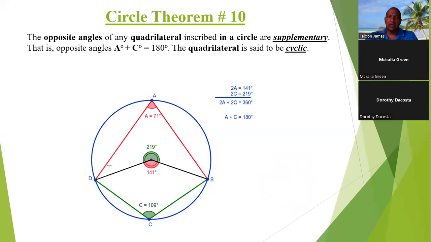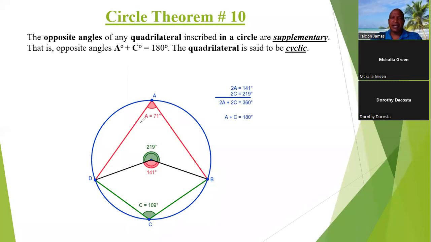So just to give you clarity of what we mean by inscribed, ignore the inner lines and the lines that form the shape from point A, B, C, and D. That would be the quadrilateral they're referring to, known as a cyclic quadrilateral. The opposite angles within that quadrilateral are supplementary.